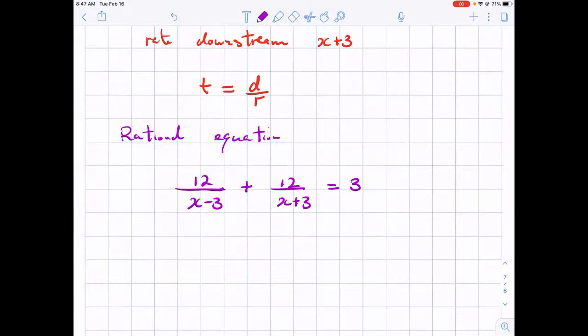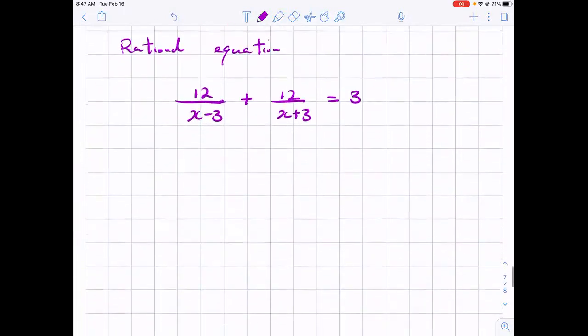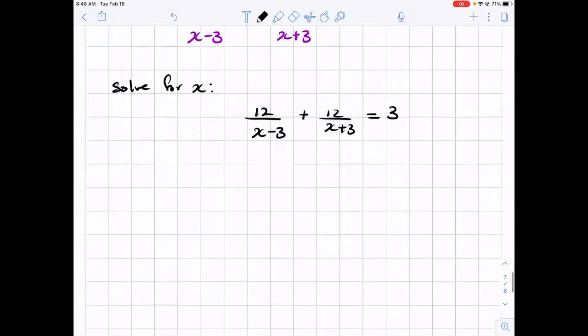Okay, the upstream time and the downstream time. So now we have our equation we can solve for x. So we have 12 over x minus 3 plus 12 over x plus 3 is equal to 3.